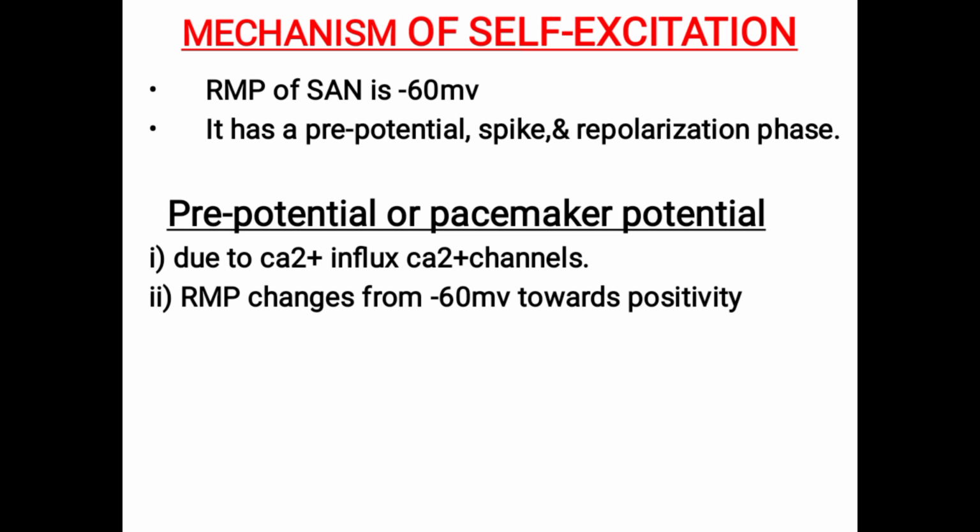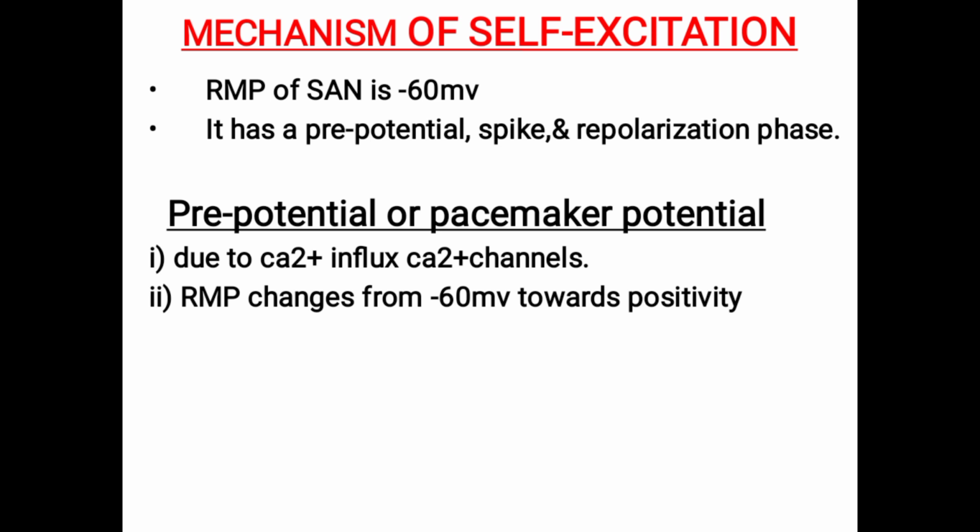Excitability is the property of nerve, skeletal muscle and cardiac muscle. All three are excitable tissues. When these muscles are excited, they produce a reaction called the action potential.